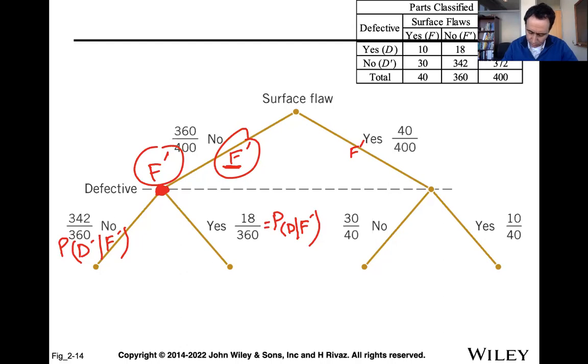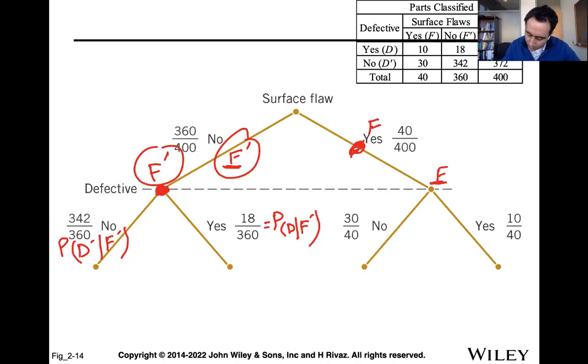Similar for, oh, did I make a mistake? So yeah, I called both of these F prime, which is incorrect. So this is F, sorry. All of these here are correct, right? So this path means flaw and this path means no flaw. So again, this node means that the flaw did already happen. So these parts all have flaws in them, right?